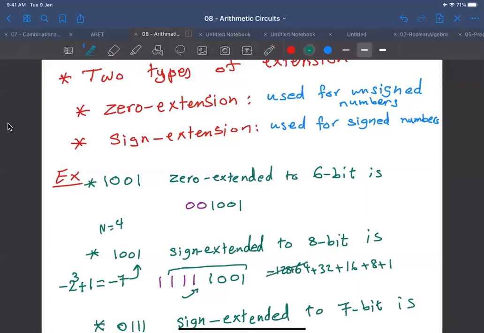So this becomes -64 because they're half of each other, and then this becomes -32, then -16, then -8, and then becomes -7. It's the same. Do you see that? So sign extending or zero extending a number doesn't change its value.